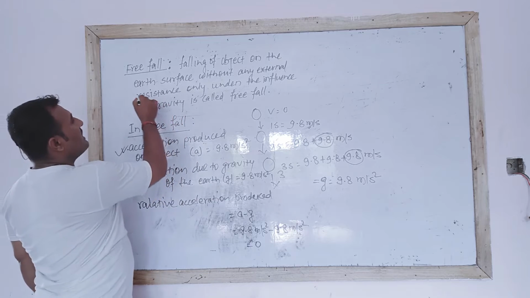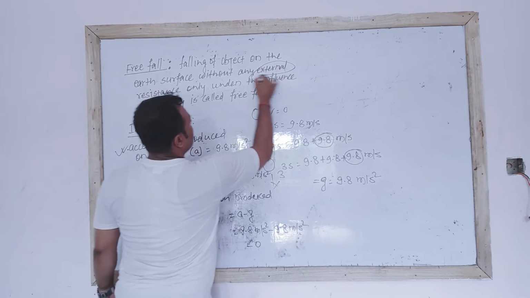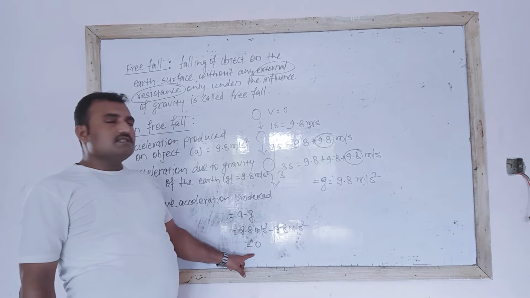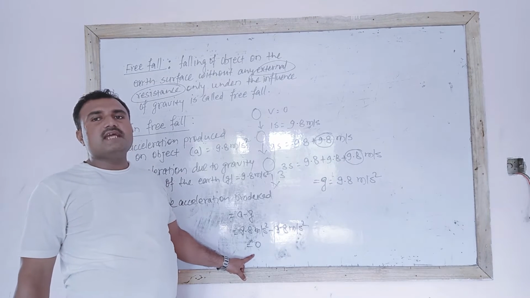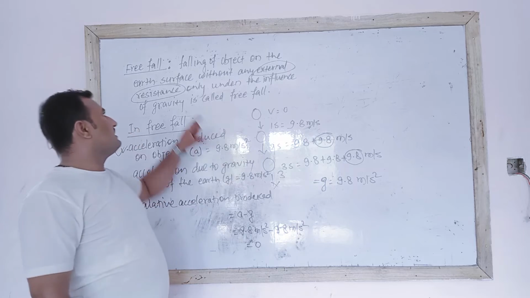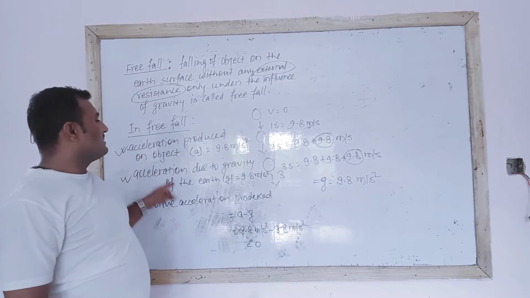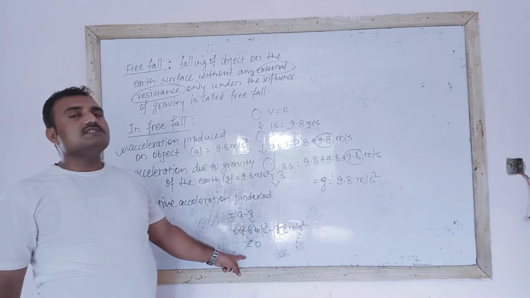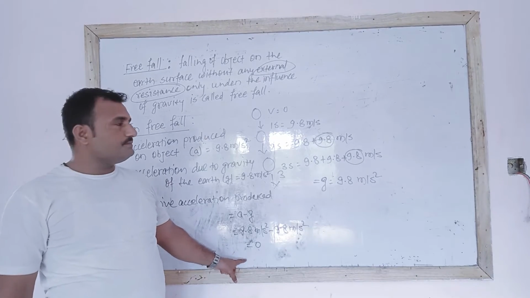When there is absence of external resistance, the resultant acceleration acting on a body is equal to the acceleration due to gravity of the earth, and on that condition g is considered as 0.